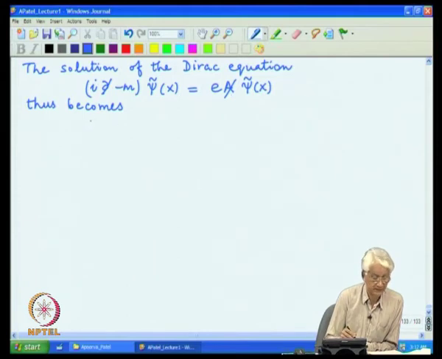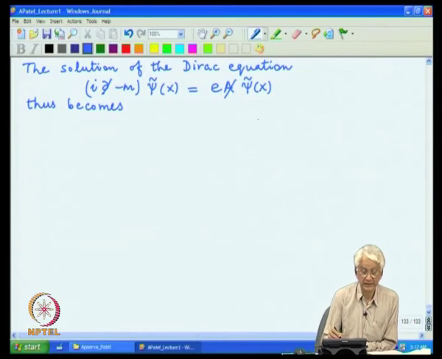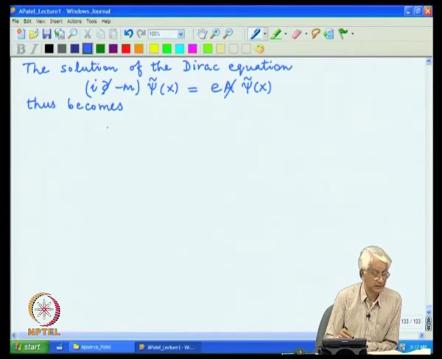Again, in terms of the propagator language, we just have to treat this right hand side as a source, you know what the propagator is, and then insert it back into the equation.